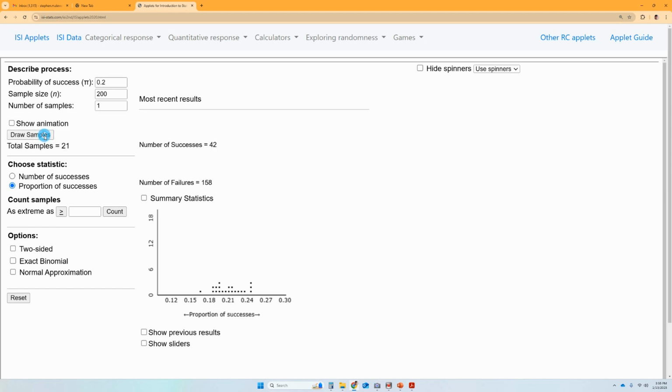And the whole idea here is that I keep doing this over and over a lot of times. I want to do it like 10,000 times. And say, when I do this 10,000 times, what happens? How often do I get at least 23% able to do it?